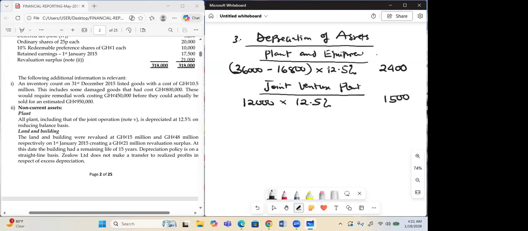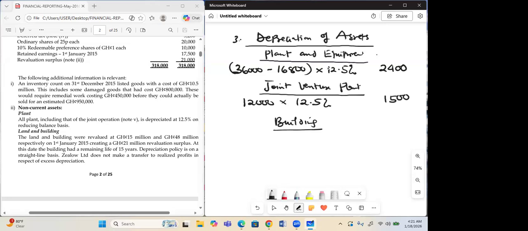Then we go ahead. Land and building. The building aspect also depreciates. The question said the land and building were revalued at 15 million and 48 million respectively on 1st January 2015, the beginning of the current year, creating a revaluation surplus of 21 million. At this date, the building had a remaining useful life of 15 years. So the depreciation on the building is on a straight line basis.